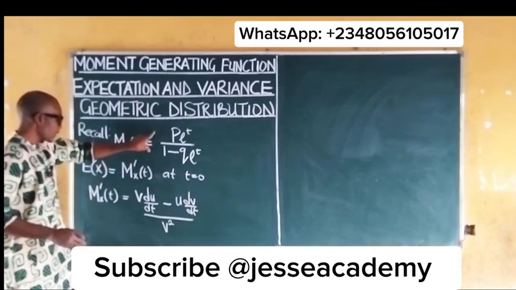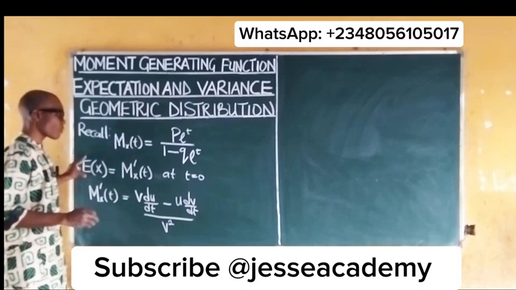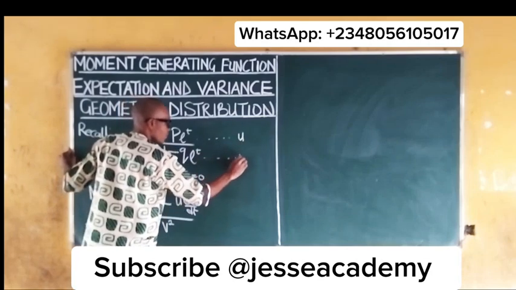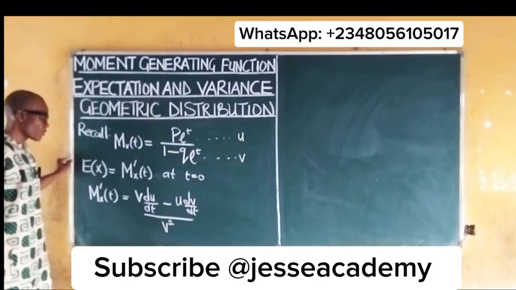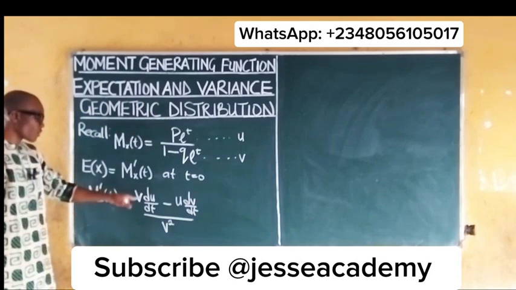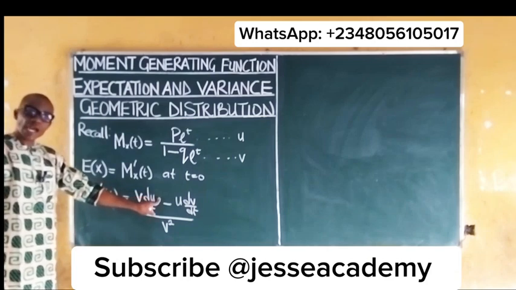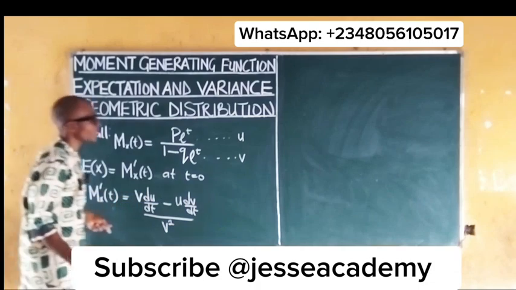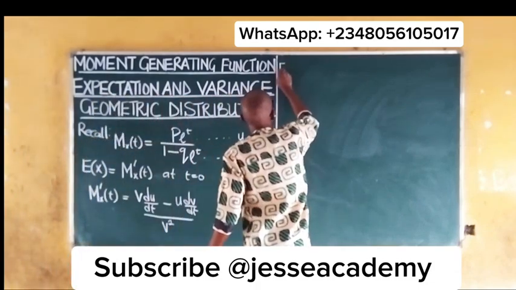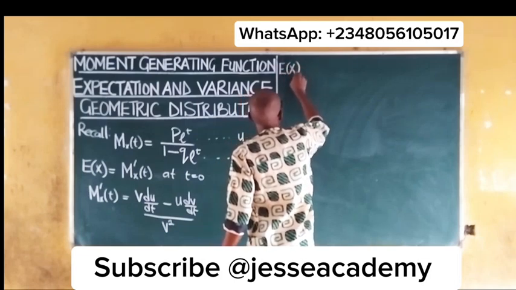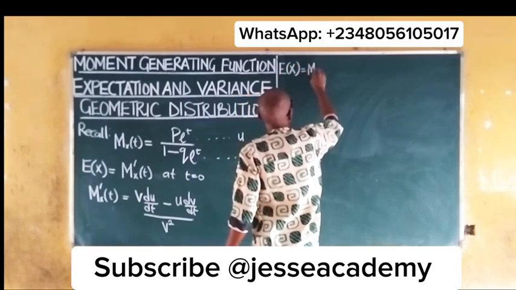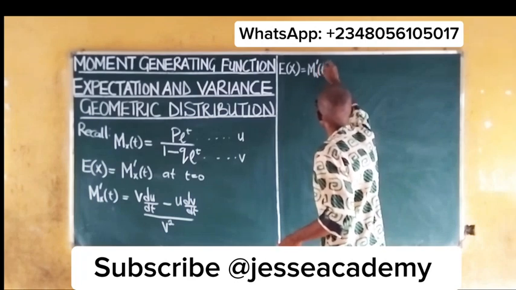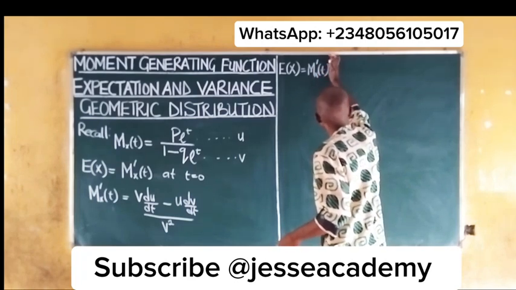This will be our u and this will be our v. All we need to do is to substitute the values for u and v and differentiate where needed from the formula given.